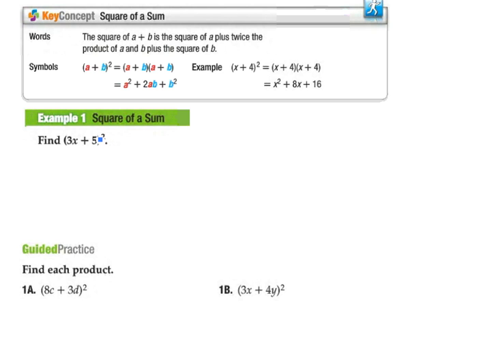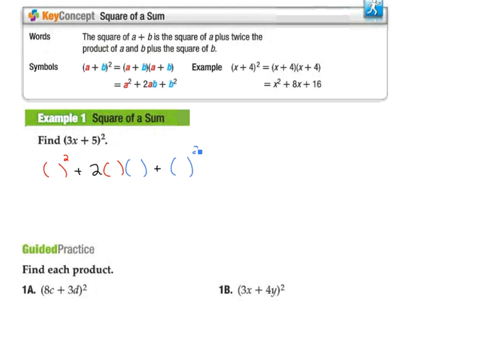I'm just going to put big parentheses where they did, and I might as well color code with theirs. So I know that I'm going to take my first term and square it. Then I'm going to add on 2 times that first term times the second term, and add that to the second term squared.